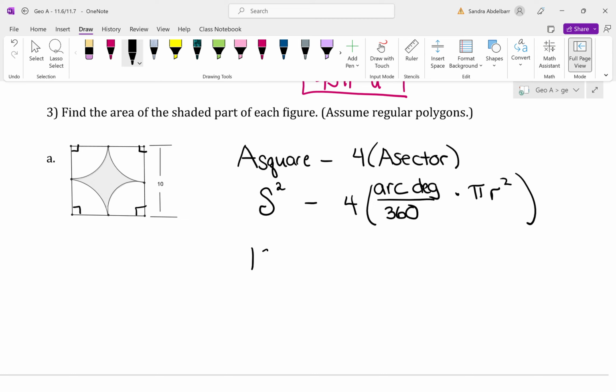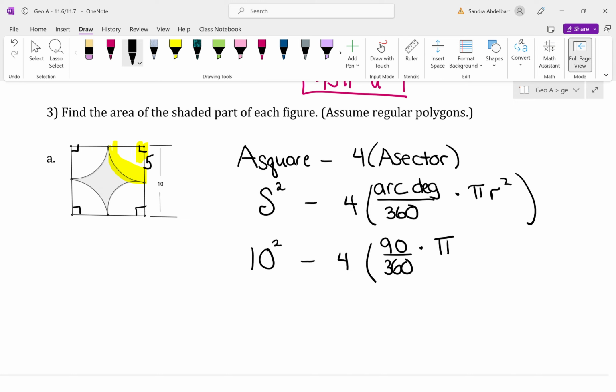Okay, so then our side length is 10. And now our arc degree. Isn't our arc degree the same as the central angle? So if our central angle is 90, then our arc degree is also 90. So then I'm going to do 90 over 360 times pi. Now we have to figure out the radius. Well, if the whole length here is 10, wouldn't that be the diameter if we were making a full circle?